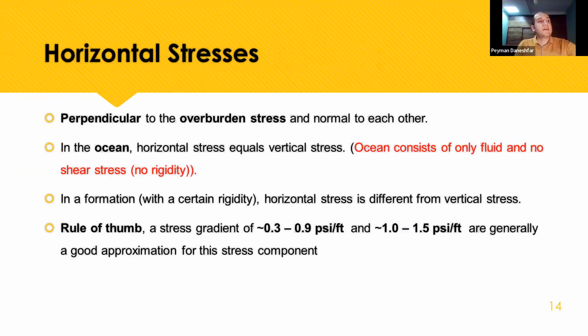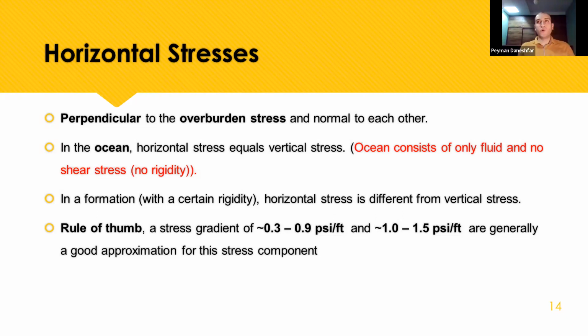The horizontal stresses that I mentioned before are like this one. This is the vertical, and the horizontal stress is perpendicular to the overburden stress. So always all the stresses will be perpendicular to each other. The two horizontal stresses and the overburden stress are normal to each other, so they should always be different.